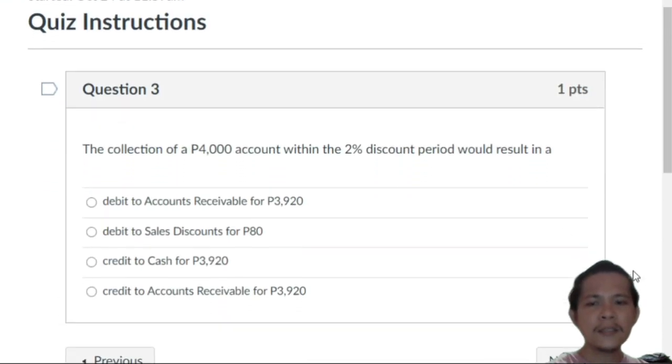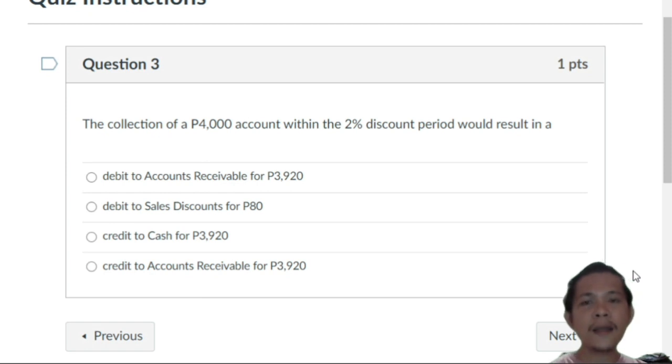Ang tanong is, the collection of a 4,000 account within the 2% discount period would result in debit to accounts receivable for 3,920, debit to sales discounts for 80, credit to cash for 3,920, or credit to accounts receivable for 3,920.